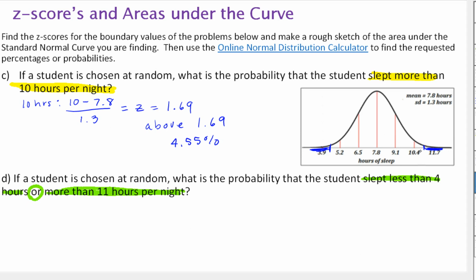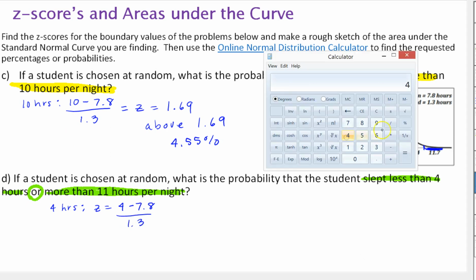So first let's find our z-scores. We have 2 for this problem. For 4 hours, we have z equals 4 minus 7.8 divided by 1.3. So that is 3.8 below the mean. And how many standard deviations is that? Well, we divide by 1.3 and we get negative 2.92.